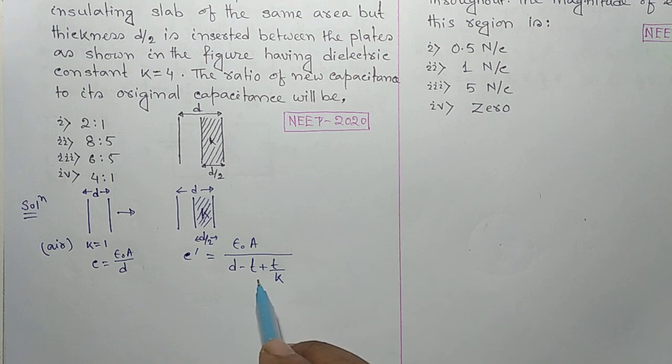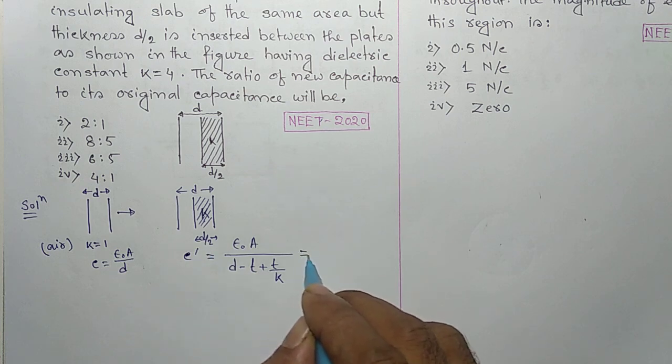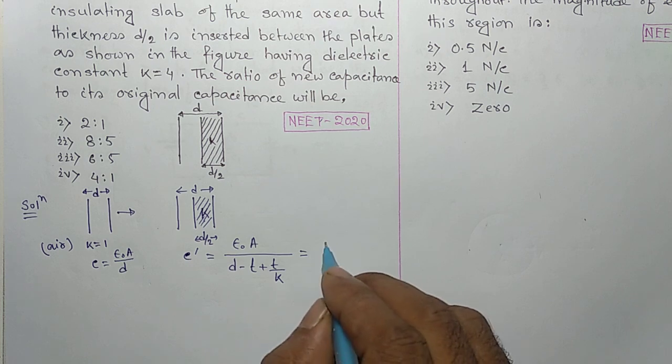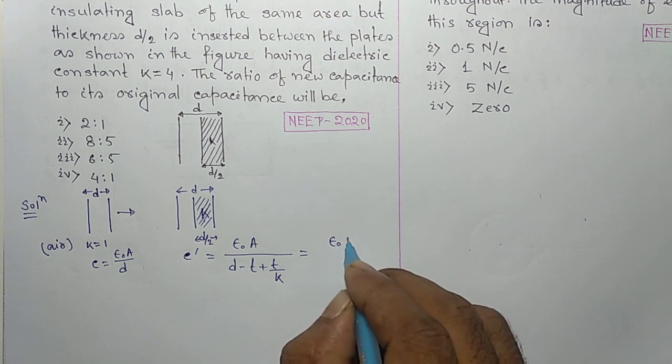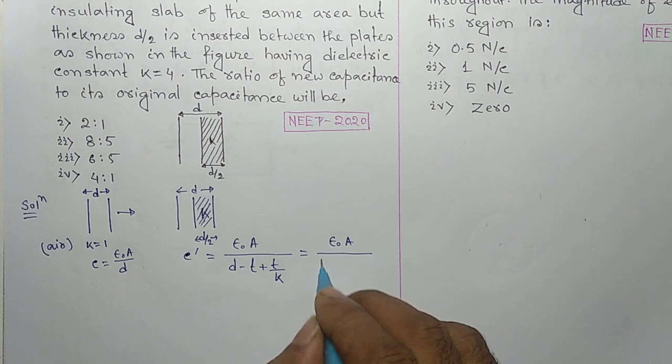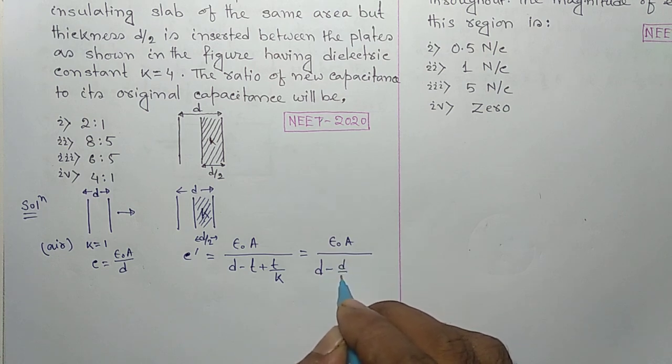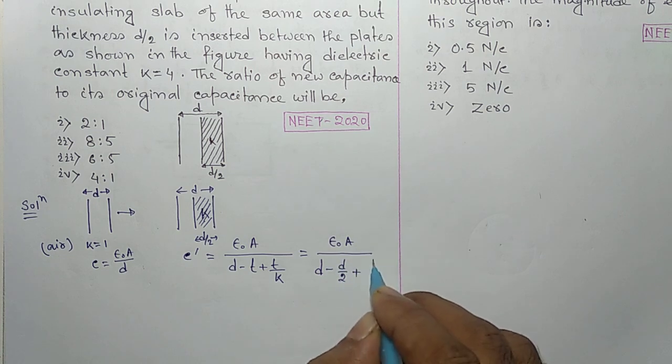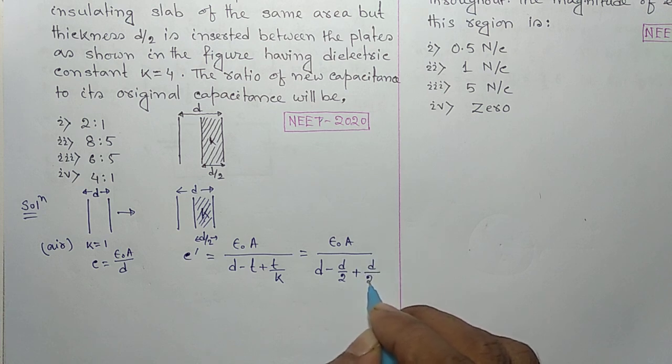Here T is equal to D by 2. Putting the value of T, we get epsilon naught A divided by D minus D by 2 plus D by 2K.